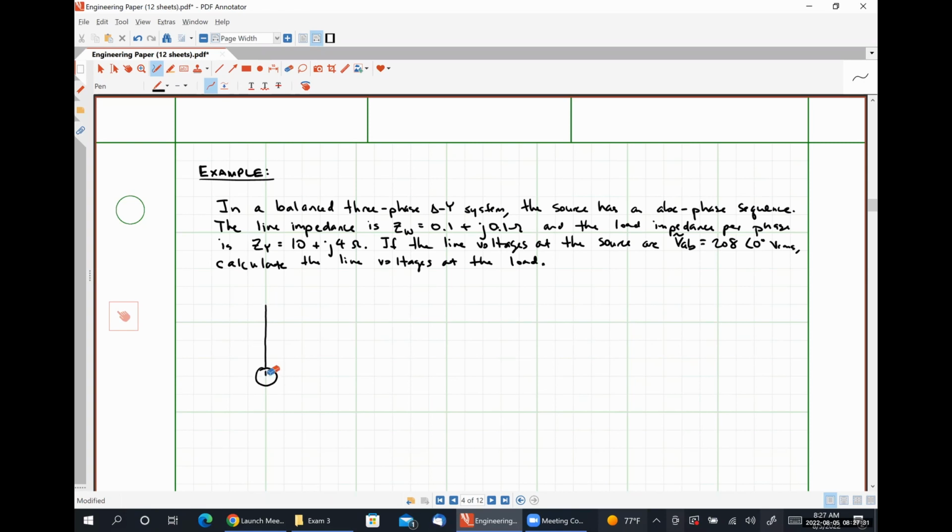Sorry, that should be the negative polarity terminal for VCA. Here's our positive polarity terminal, VAB. Here is our voltage source, VBC.